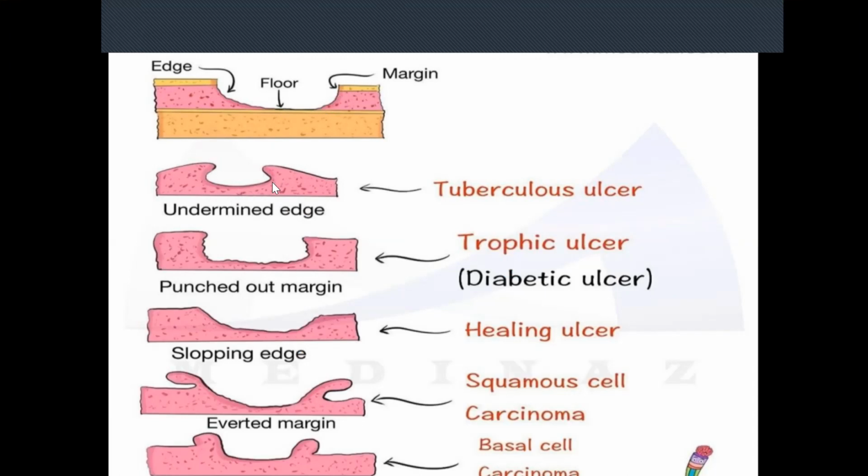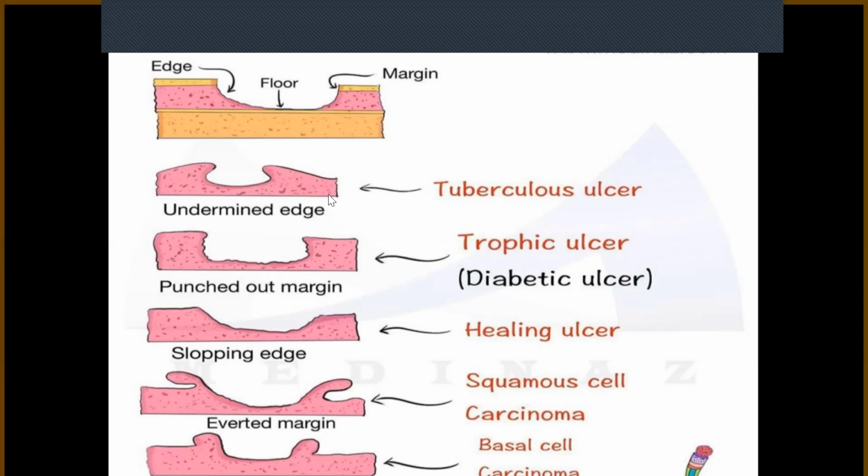Undermined edges may be seen in tubercular ulcers or even in pressure ulcers. Punched out margins are mostly a sign of non-healing ulcers seen in diabetic ulcers.